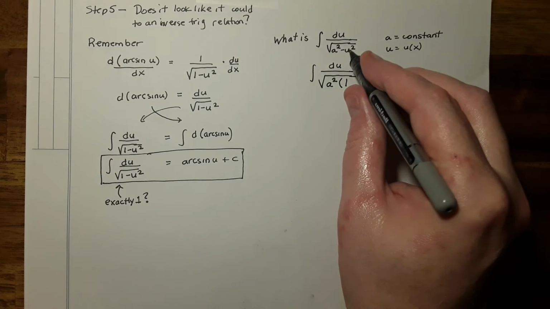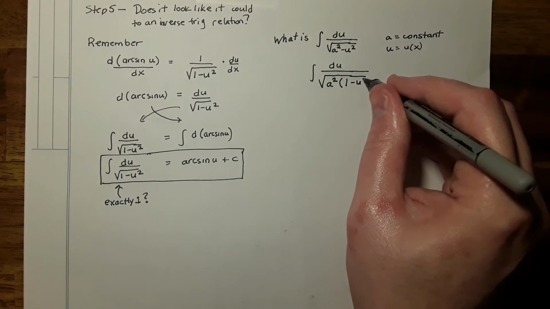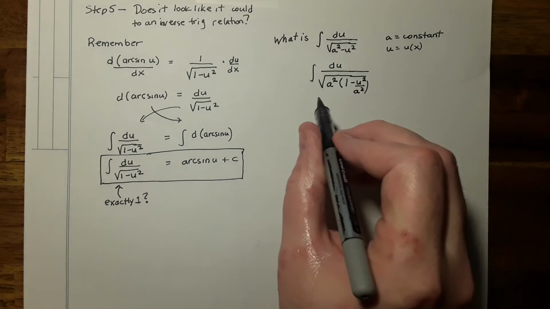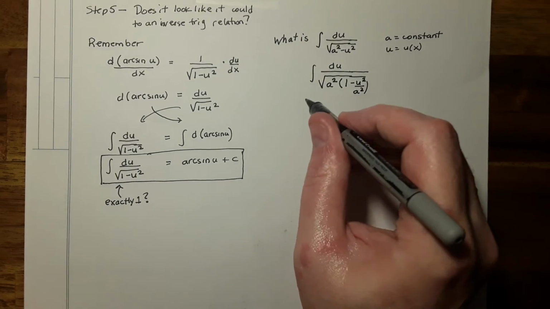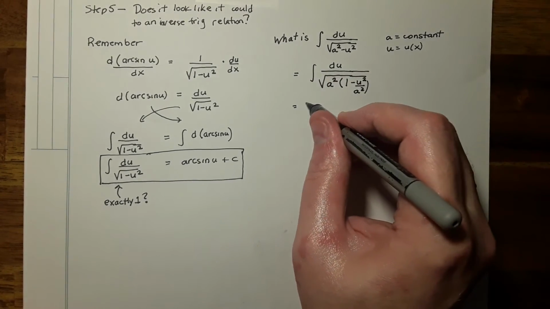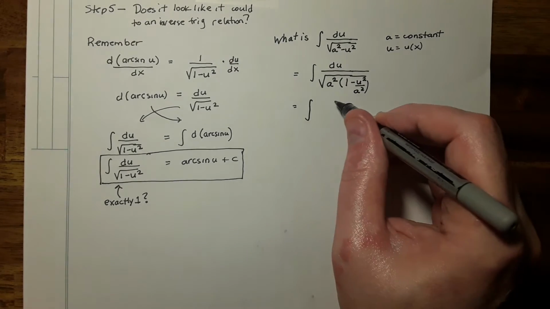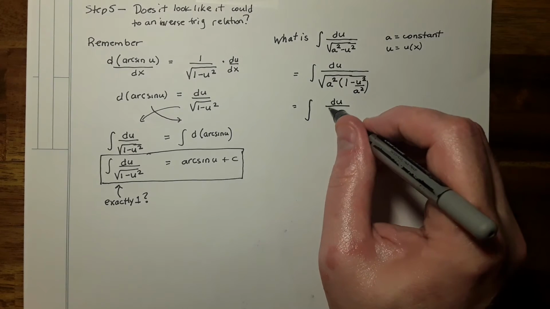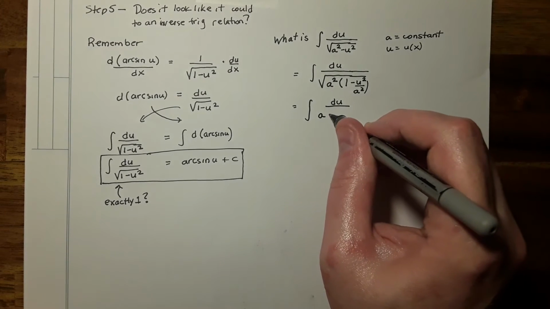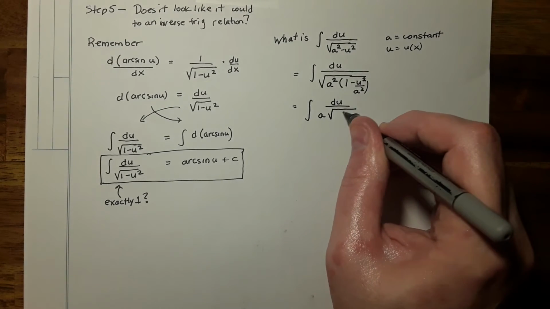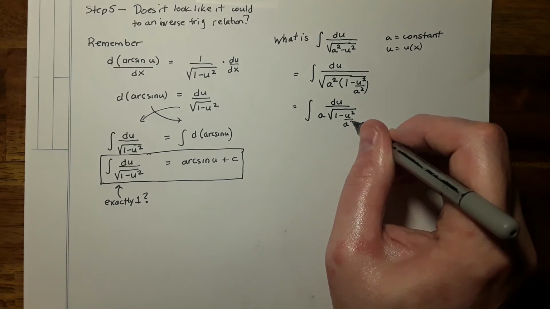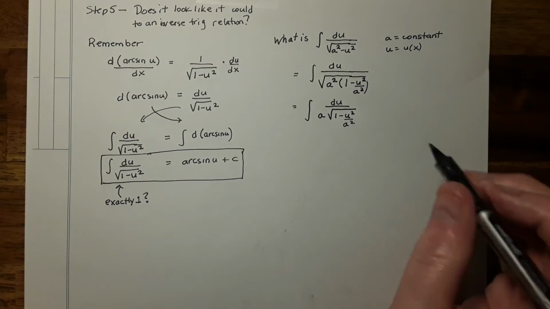And if I factor a squared out of u squared, I'm left with u squared over a squared. Since a is a constant, and it's a perfect square inside of a root, we end up with just a single a on the outside of the expression.